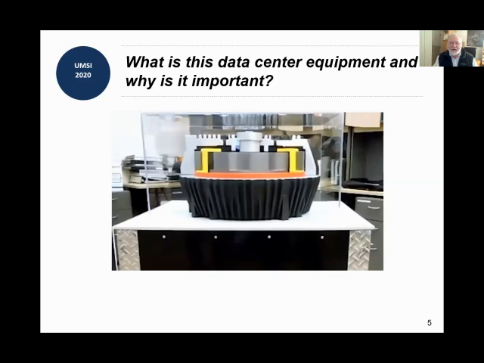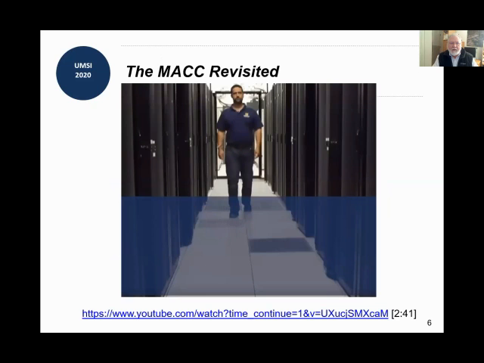So in case of a power failure and before the generators come up, this provides that uninterrupted power supply, or UPS, through a newer technology than batteries. This works through a flywheel principle. So rather interesting technology. You'll see this in the video that's coming up.